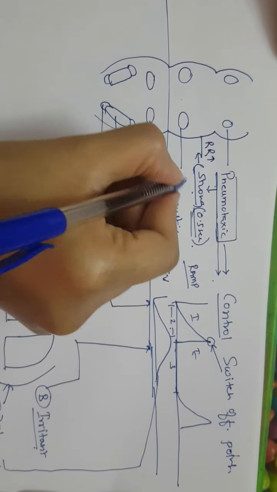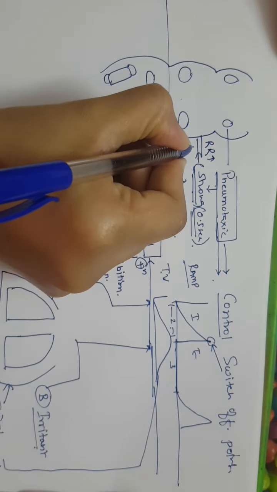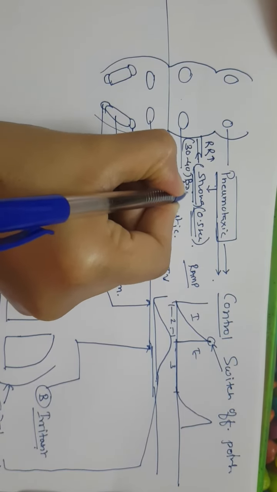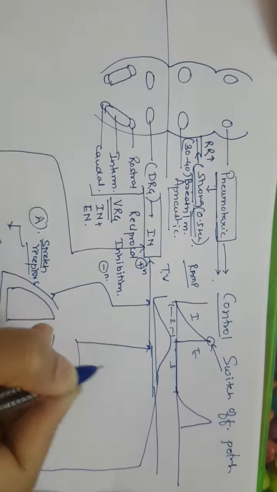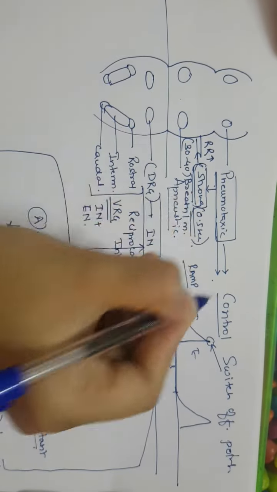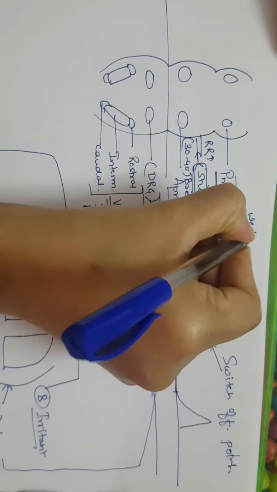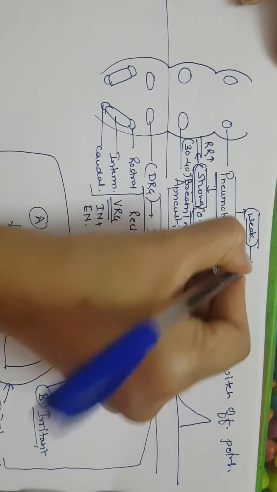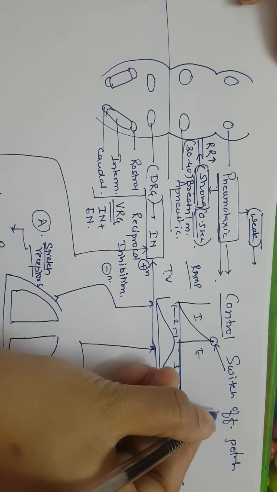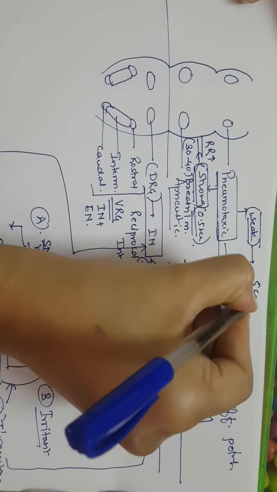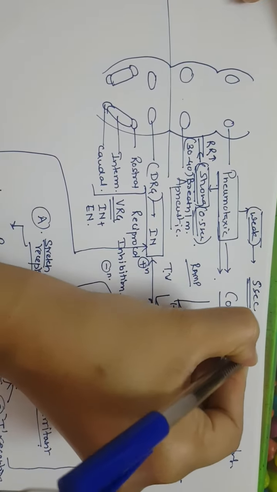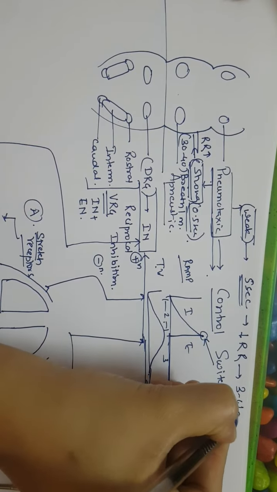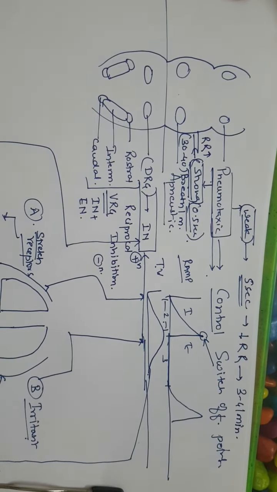So this pneumotaxic center, if it is strong, will increase the respiratory rate, which can be up to 30 to 40 breaths per minute. If this pneumotaxic center is weak, it can extend this ramp signal up to 5 seconds. So it can reduce the respiratory rate up to 3 to 4 breaths per minute. Okay.